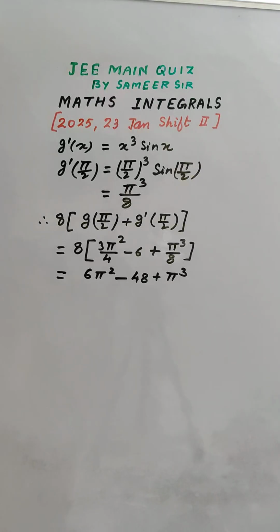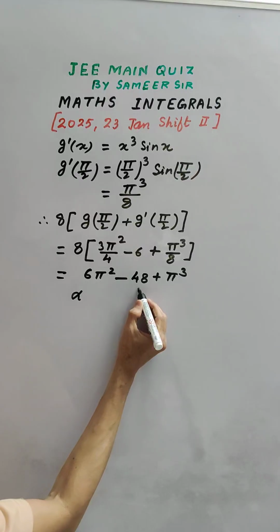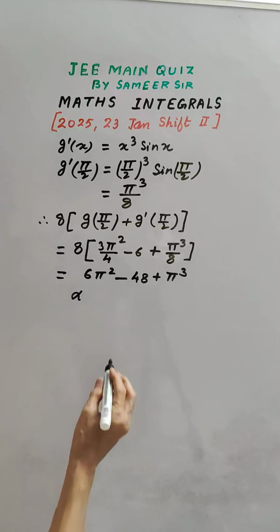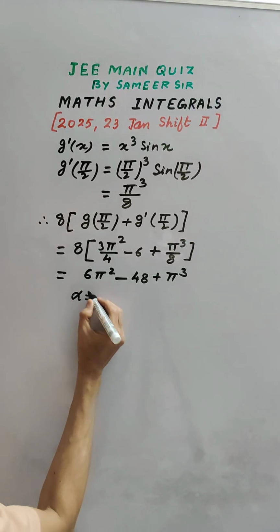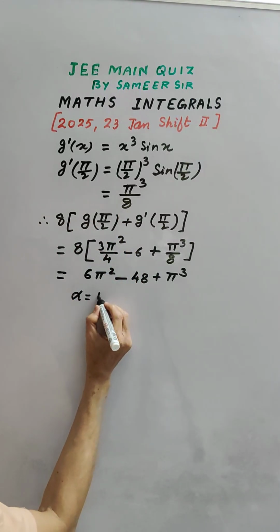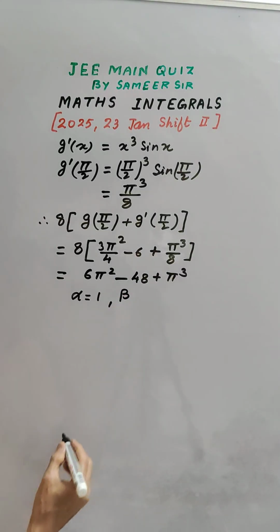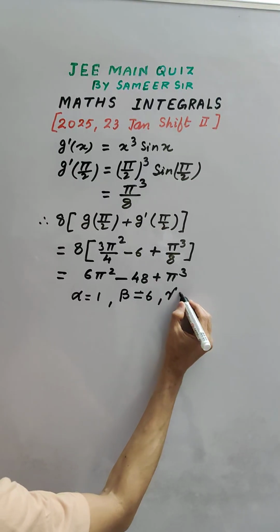Now here alpha is equal to 1, beta is equal to 6, and gamma is equal to minus 48. So here alpha is 1, beta is 6, and gamma is minus 48.